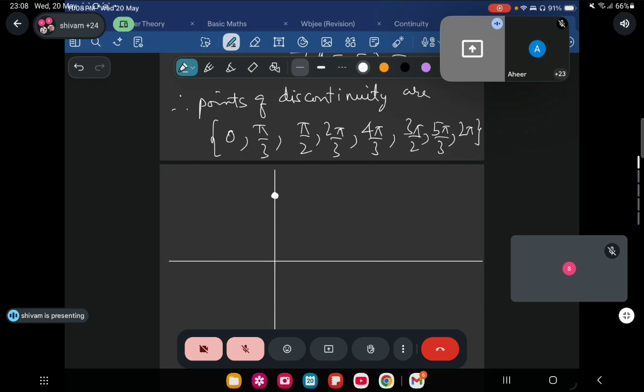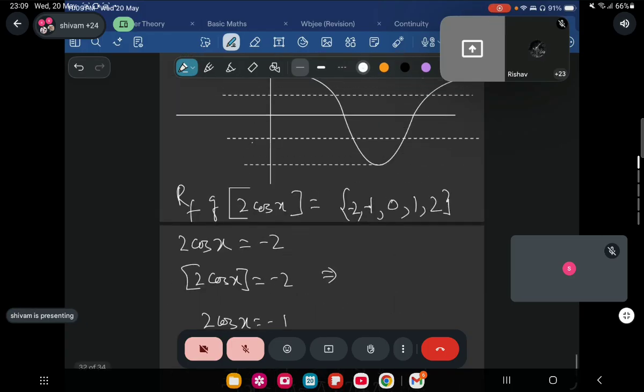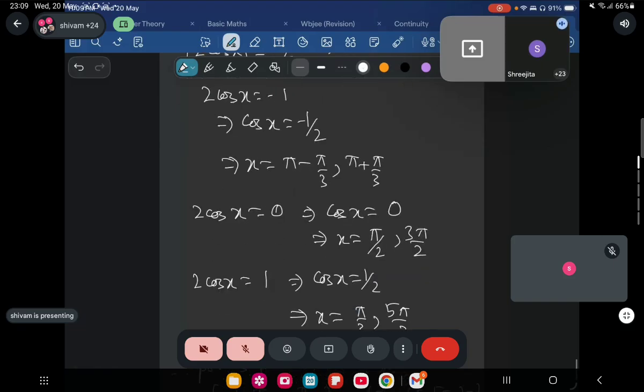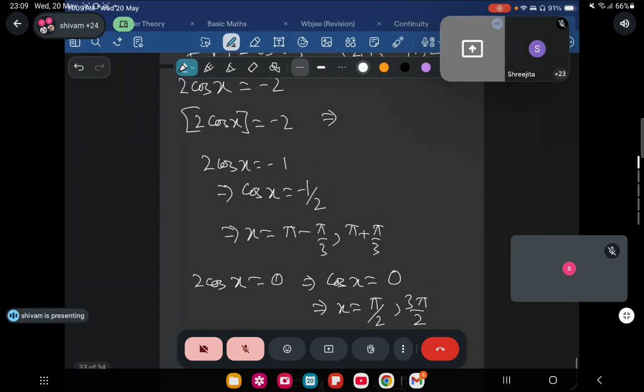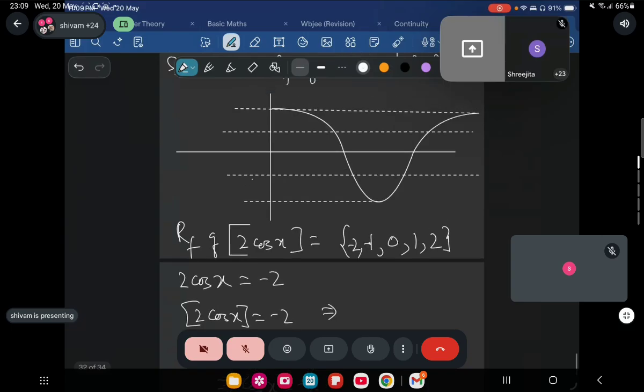At x equal to pi, 2 cos pi, cos pi is minus 1, so 2 cos pi is minus 2.